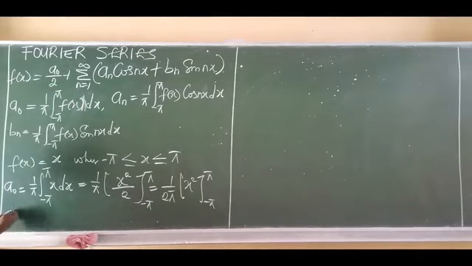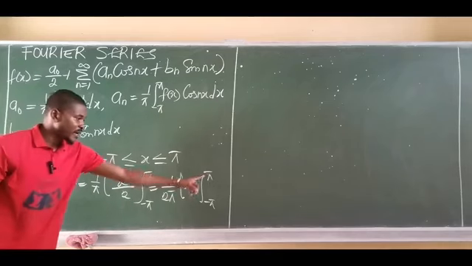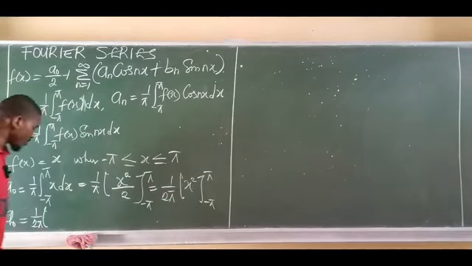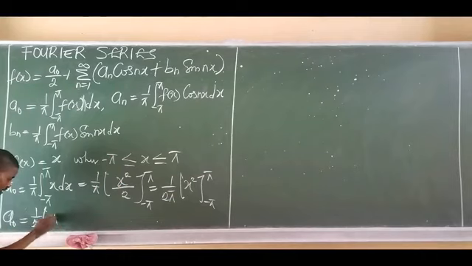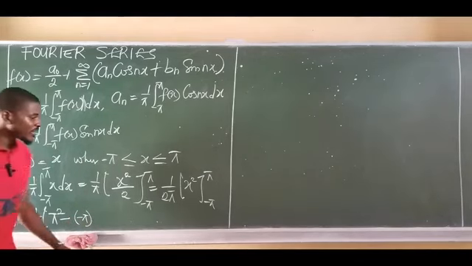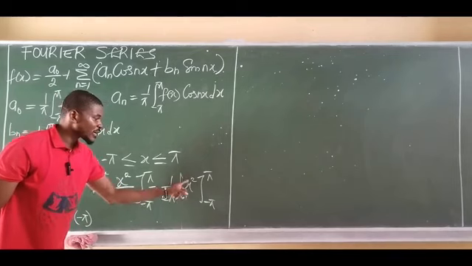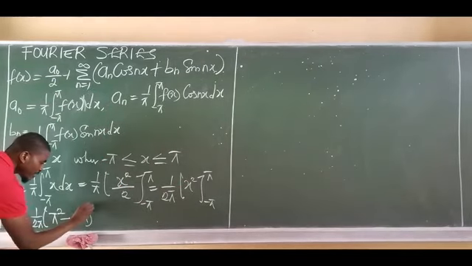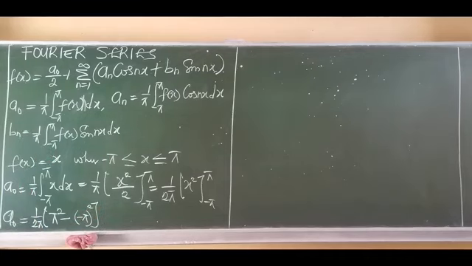Therefore, a₀ is equal to 1/(2π) times (π² minus the lower limit squared). Mind you, the lower limit is -π and it is squared, so it becomes (-π)².